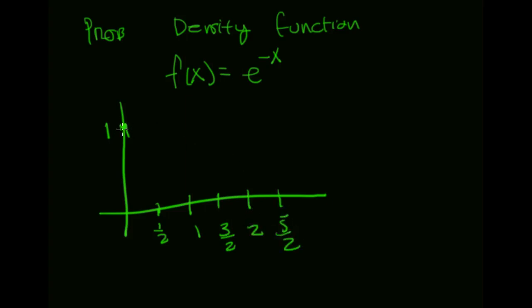The function comes along and just keeps going, getting closer and closer to 0. I'm going to put this function on the domain where 0 is the lowest possible x value, and it goes off to infinity.